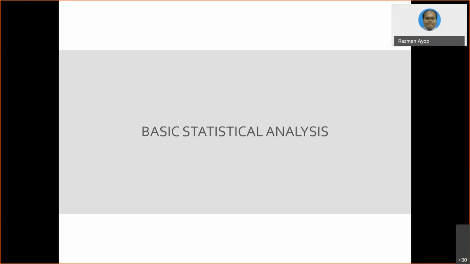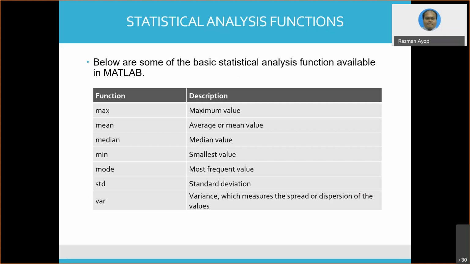We start with the basic statistic analysis. I think most of you know what it is. Max is the maximum value. If you have data, max will give the maximum value. Mean, of course, you know, is the average, and then median is the center value. Min is the minimum value.